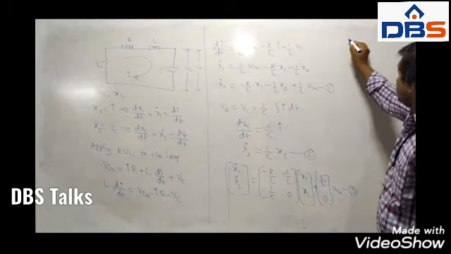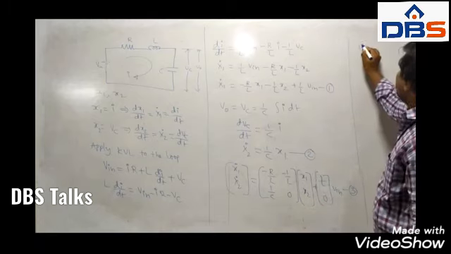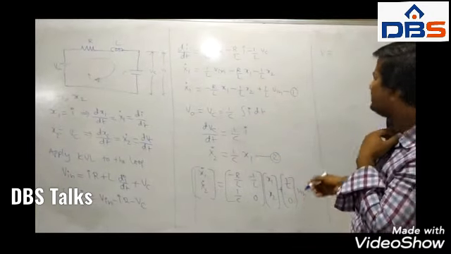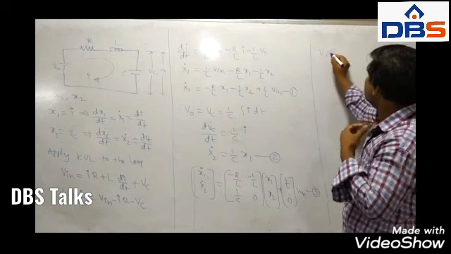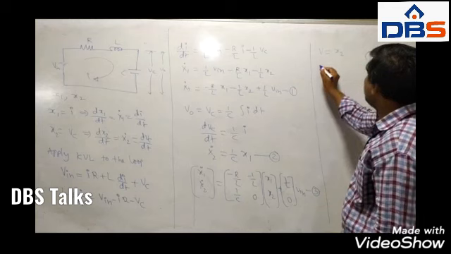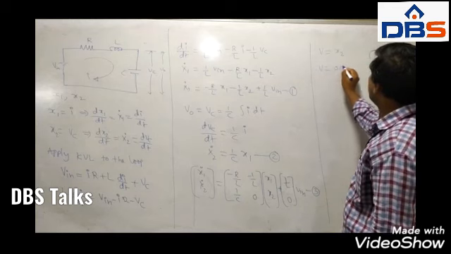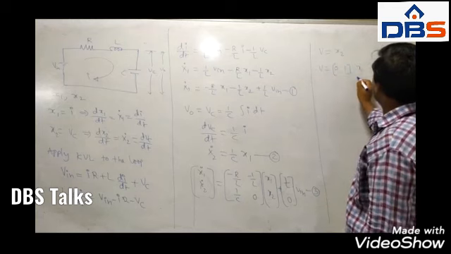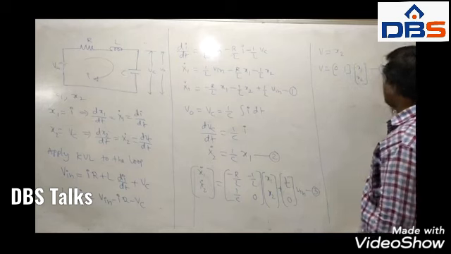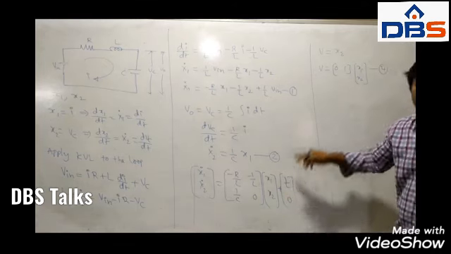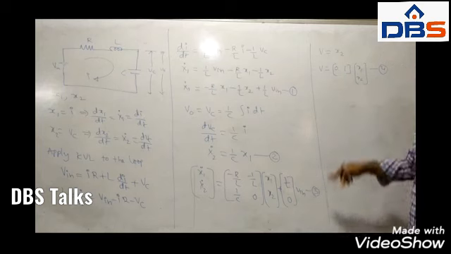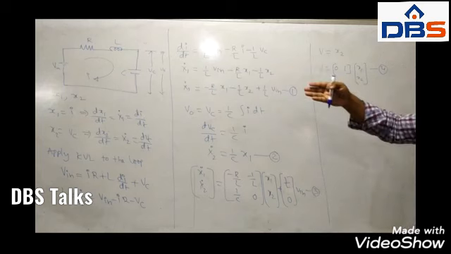Now the output equation: Vc equals x2, which in matrix form is V equals 0 1 times x1, x2. This is equation 4. This is the state equation and this is the output equation. The combination of these two is the state model of the given series RLC circuit.